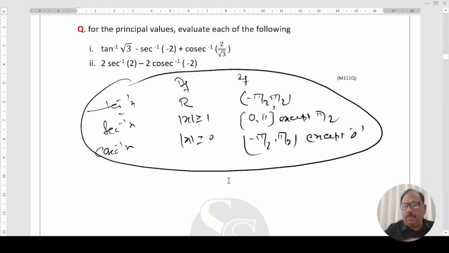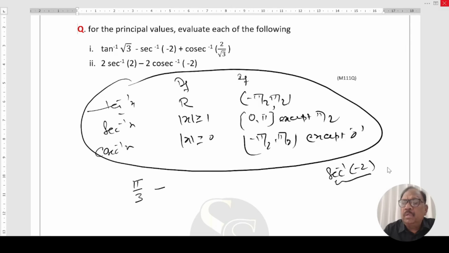Root 3, answer is pi by 3, minus sec inverse of minus 2. Sec inverse of minus 2 means it is 0 to pi.